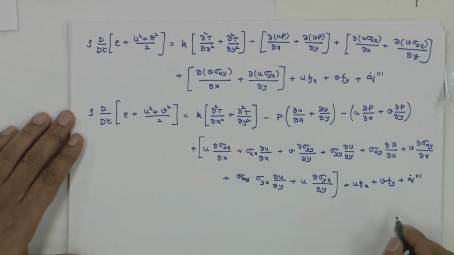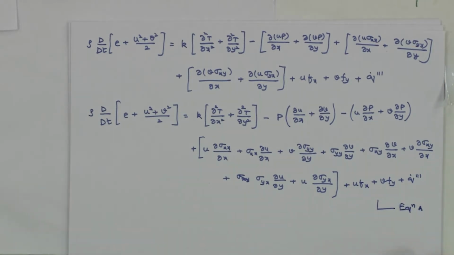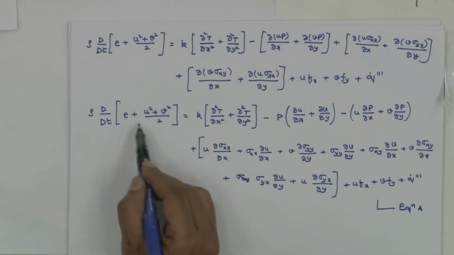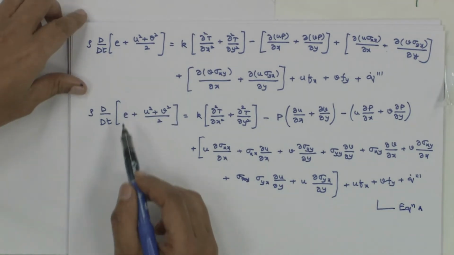Whole of this equation I am going to call equation A. We are going to come back to this equation. Why? Because I want to deduct this term and end up getting dE by dt. That I will do through the momentum equation. So let's recollect what we got in the x momentum equation.